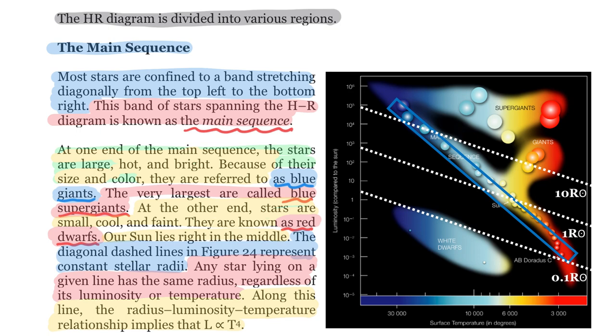Now, on the other side, as we go down here, we get the red dwarfs. They have a low luminosity in comparison to the sun. They have a low surface temperature.